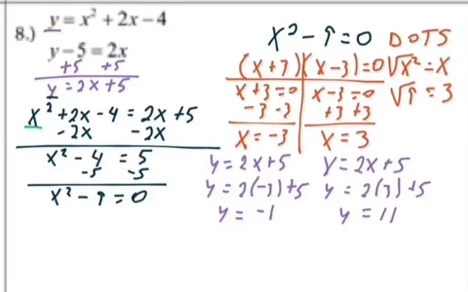You can use either the original equation or the one that you solved for y. My solutions turn out to be negative 3, negative 1, and 3, 11.